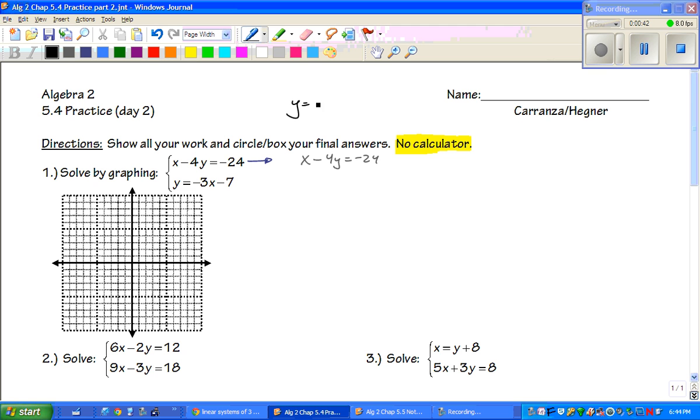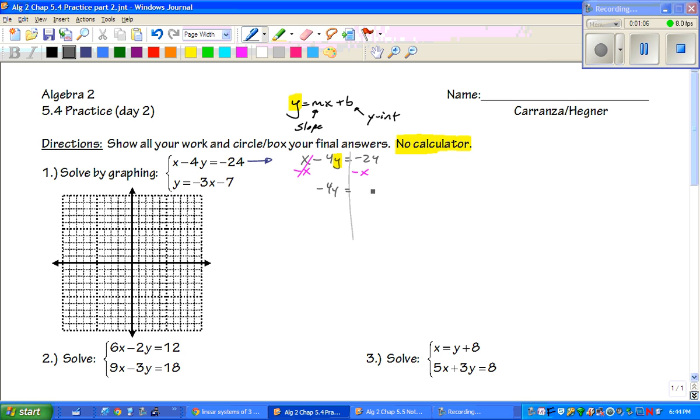Now remember, y equals mx plus b. m is your slope, and b is your y-intercept. So we need to get the y by itself. I'm going to subtract x from both sides.